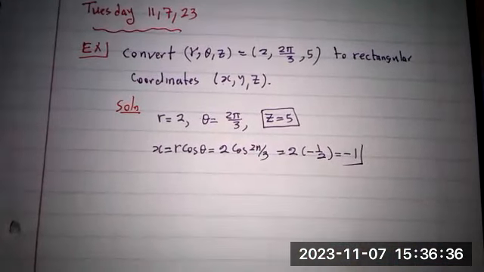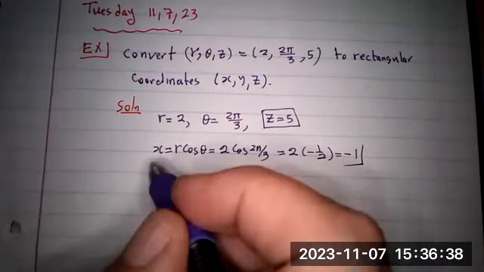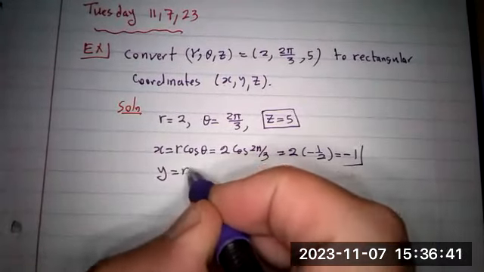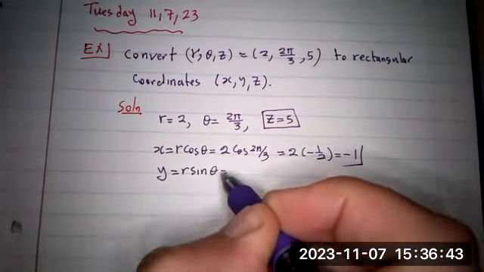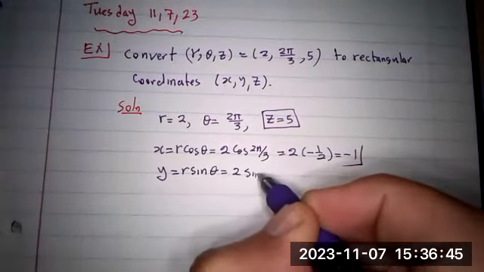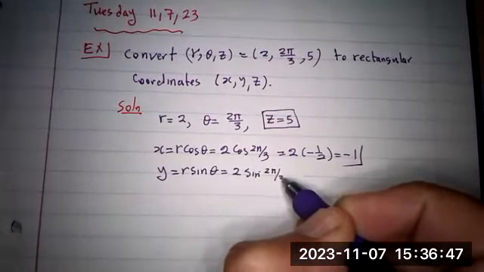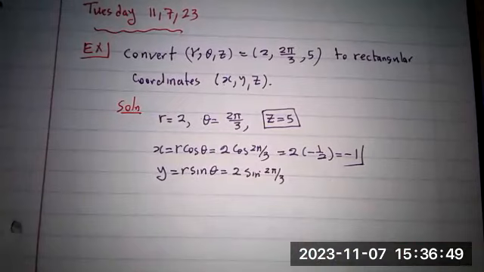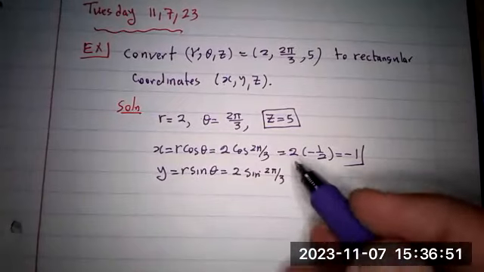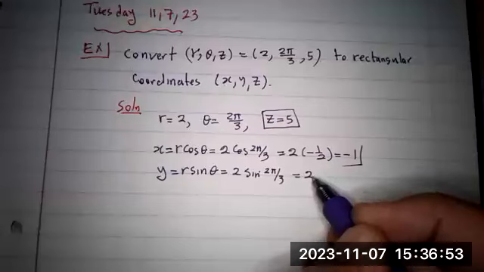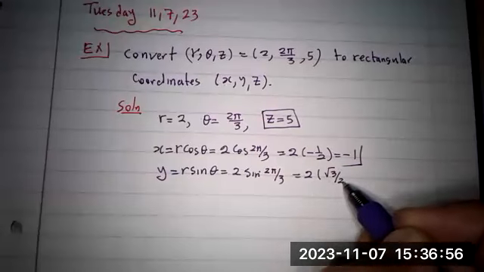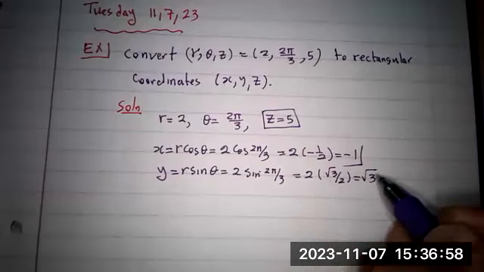So that would be x. Now you go with the y. y would be r sine of theta, so it's going to be 2 sine of 2 pi third. 2 pi third is in the second quadrant, sine is positive and it's radical 3 over 2. So it's 2 times radical 3 over 2, which is root 3.